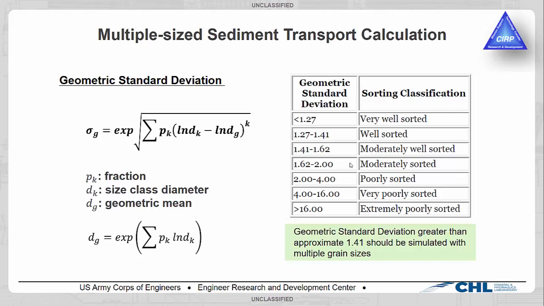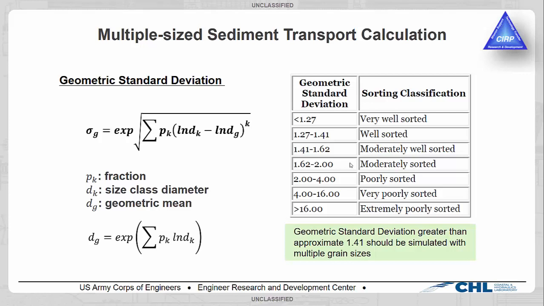So here is a slide show. When we determine which case uses multiple grain size sediment transport, we base it on the geometric standard deviation.